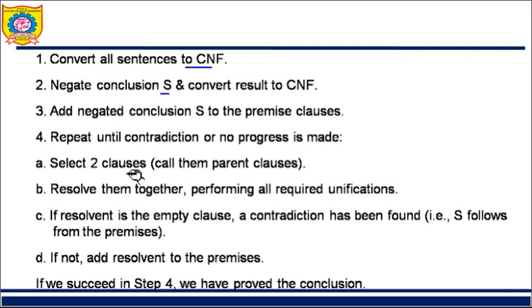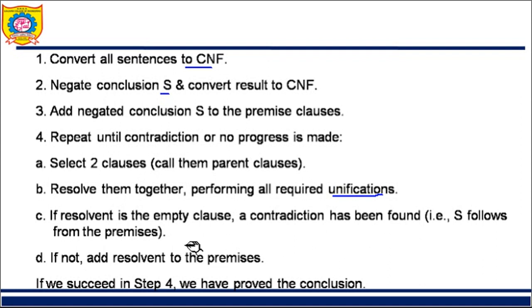Select two clauses, any two clauses, they are going to be your parent clauses. Resolve them together, but you need to perform all the required unification. Unification was missing in propositional logic, which is introduced over here. So while resolving, I need to do the relevant unifications. If the resolvent is the empty clause, a contradiction has been found.